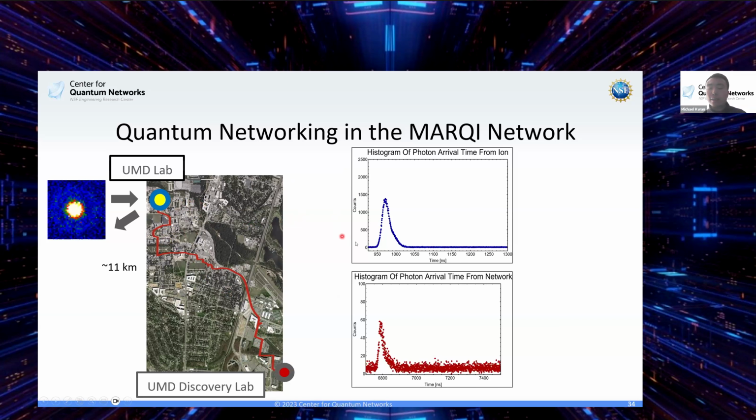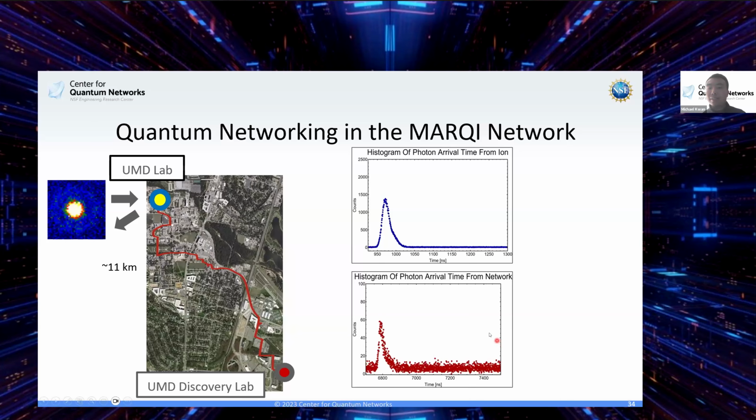And here is a histogram of the photon arrival at the ion, which is before it went into the network. And after 11 kilometers, we see the same photon shape is preserved.